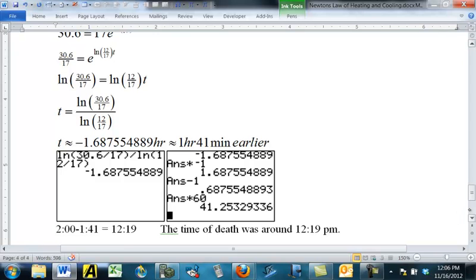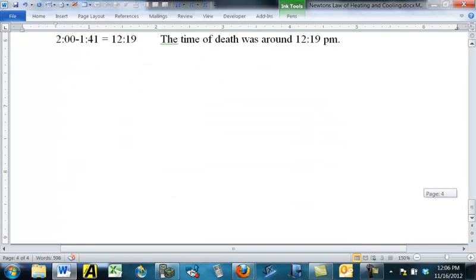And there's 60 minutes per hour, so if I multiply 0.68755 whatever hours by 60 minutes per hour, I get the minutes, which is about 41 minutes. So it's happened approximately 1 hour and 41 minutes earlier. Well, 2 o'clock minus 1 hour and 40 minutes is 12:19 p.m. And so we found the time of death.